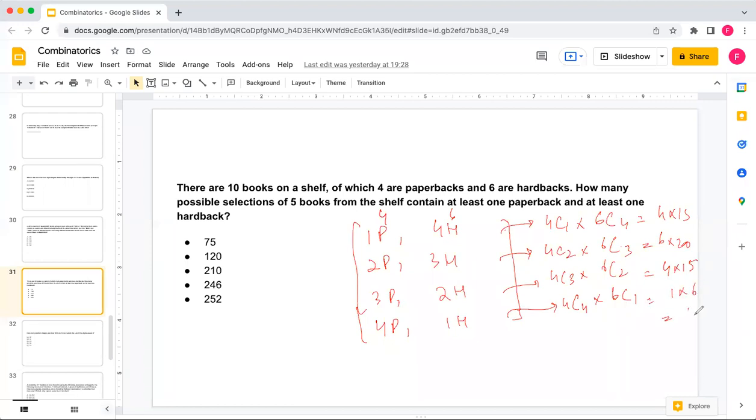So the answer is again 246. So either you check out all of the cases, or you remove the restricted case, you will get the required answer. Both of these methods are understood by all? Whatever suits you, you can apply either approach. Is this understood by all?